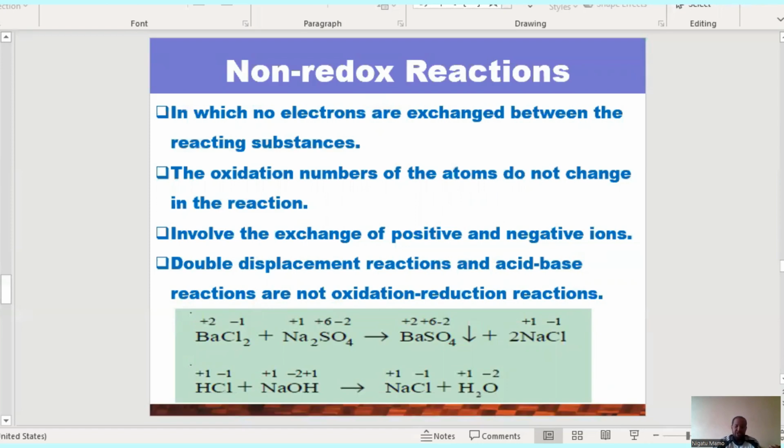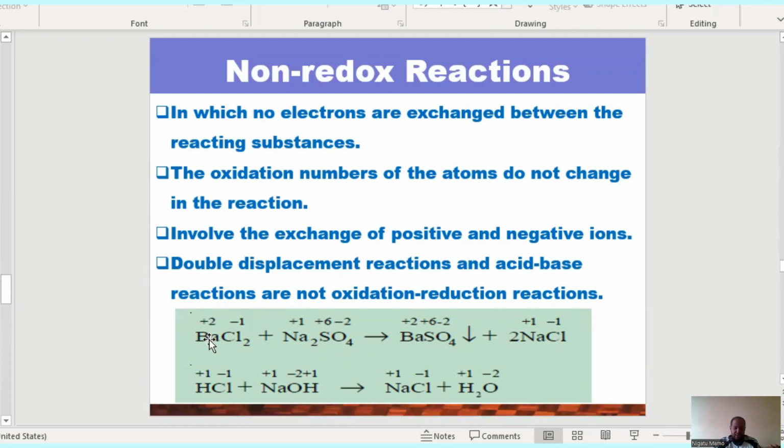There is also reduction, gain of electrons, and oxidation, loss of electrons. But in a non-redox reaction, there is no loss and gain of electrons, only exchange of ions between atoms. Okay, double displacement reactions and acid-base reactions are not oxidation-reduction reactions. They are what instead? Non-redox reactions.